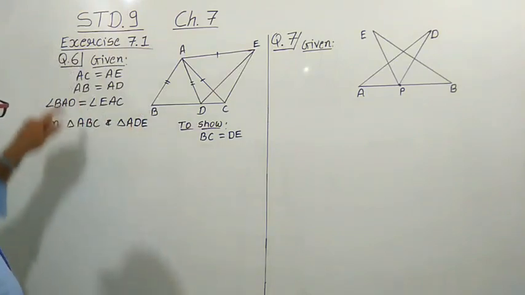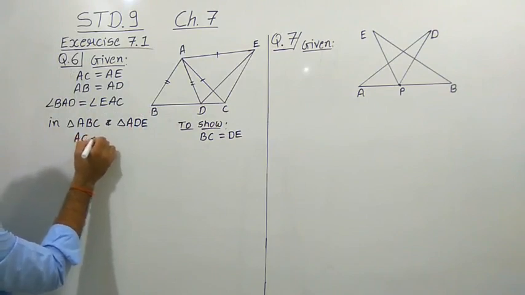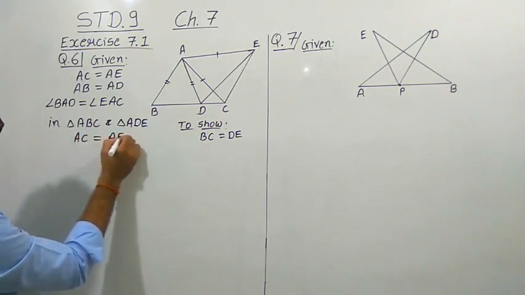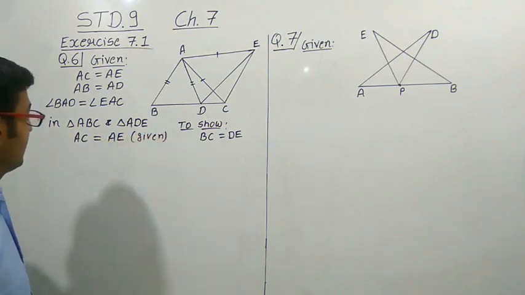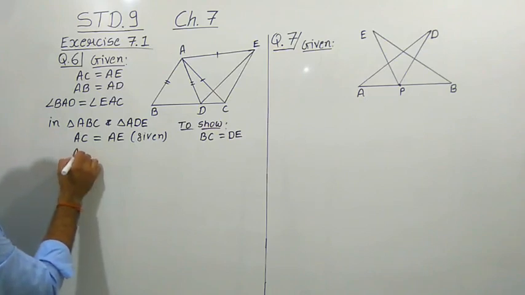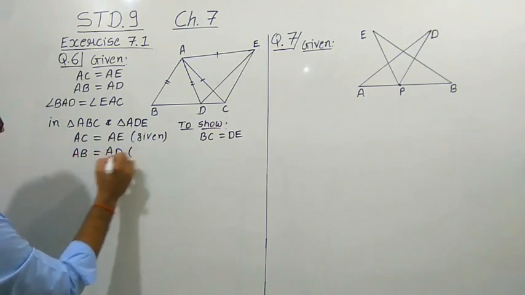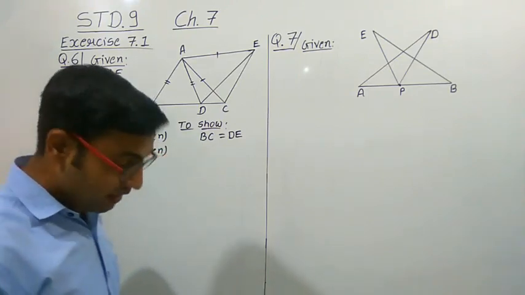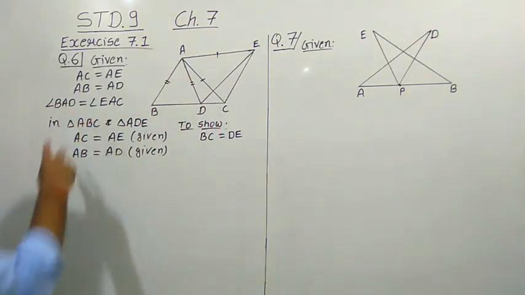Out of that, two conditions are given: side AC of triangle ABC is equal to side AE of triangle ADE. This condition is already given. The second condition is also given: AB side is equal to AD side.